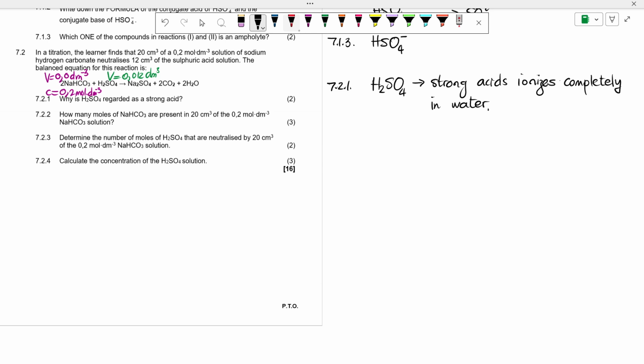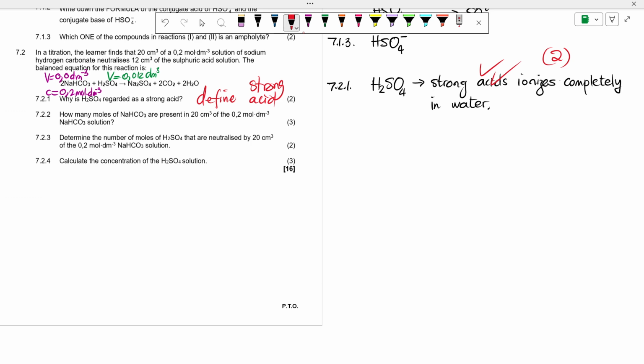Do you remember when we said that? Yes, that's the reason why it's a strong acid. And it's a definition of a strong acid, so it's 2 marks because they are trying to ask you to define what a strong acid is. So basically it's define strong acid. Okay, good.